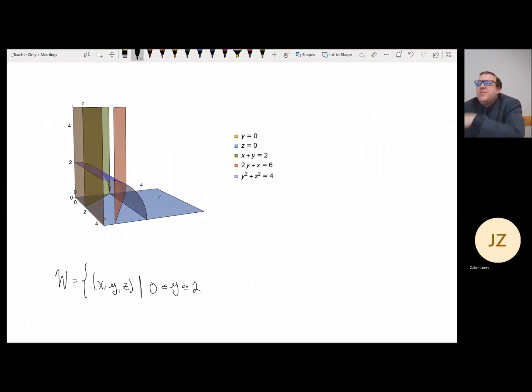Both are going to be written strictly as functions of y. Z does not depend on x, x does not depend on z. So the order in which you choose here does not matter. So start with x next. What are the bounds for x?